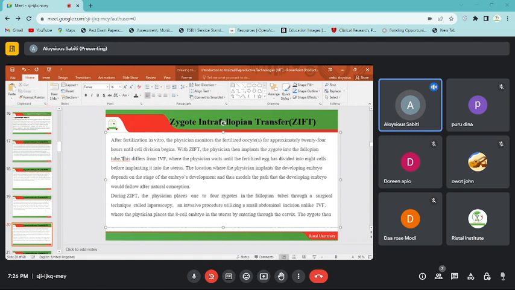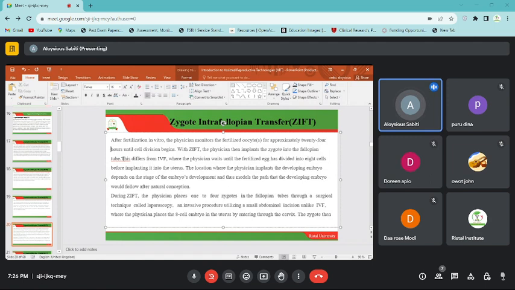When we are discussing a ZIFT process, it occurs immediately after the 24 hours. When cell division begins like this, this particular embryo is injected into the fallopian tube.